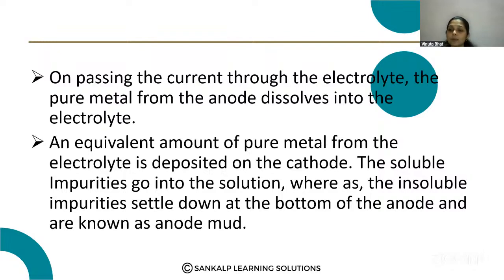An equivalent amount of pure metal from the electrolyte is deposited on the cathode. The soluble impurities go into the solution, whereas the insoluble impurities settle down at the bottom of the anode, that is known as anode mud.